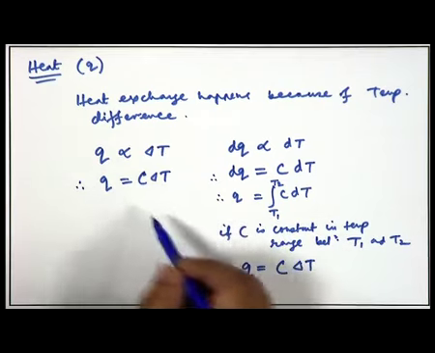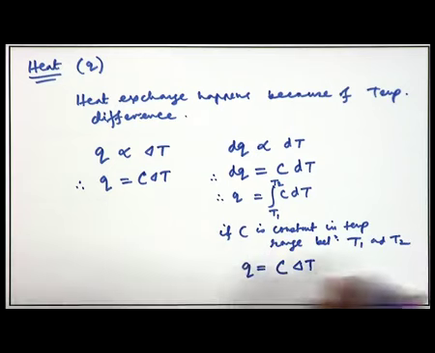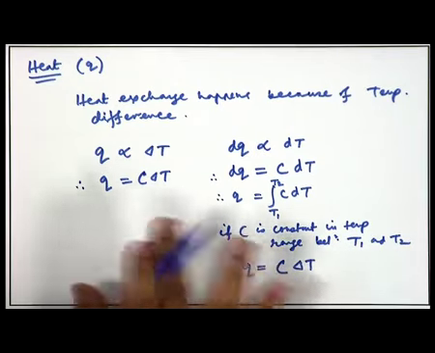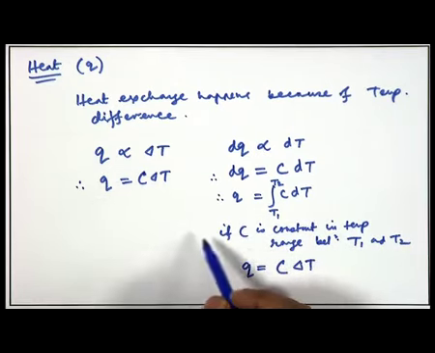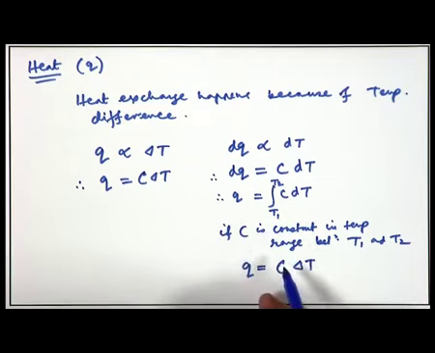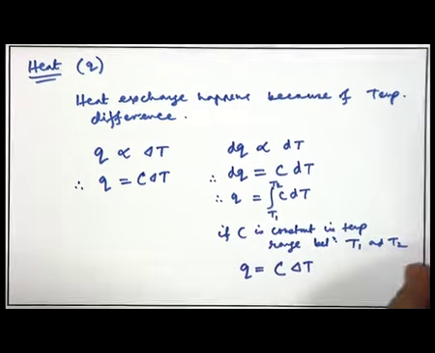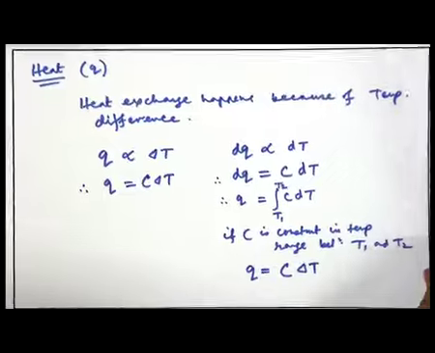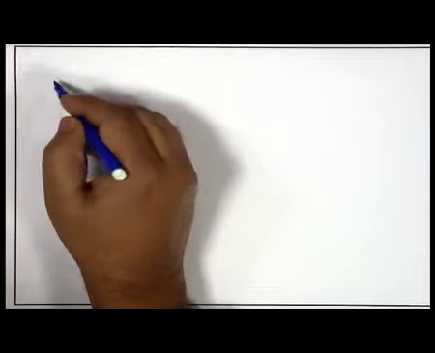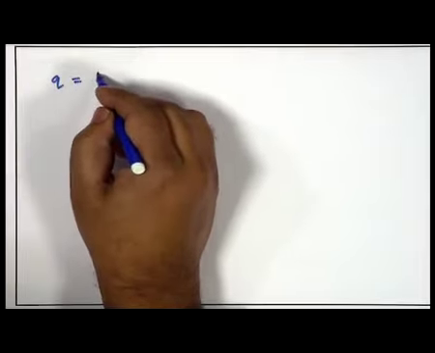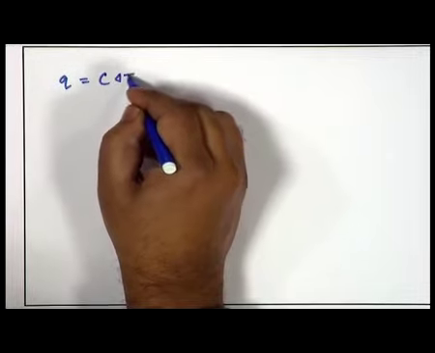In our case we will consider that C is independent of the temperature range we are talking about. So, we now know that Q is C del T.